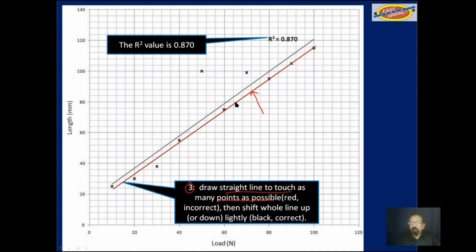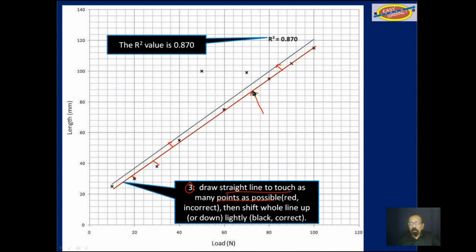But you know that is wrong, because you hardly miss any point below that one, and you miss a whole lot of points far away on the other side. So once you do that, you shift the whole line parallel upwards somewhat and try it again to see that now you have equal total distances above as below. So that's a third thing you can do.